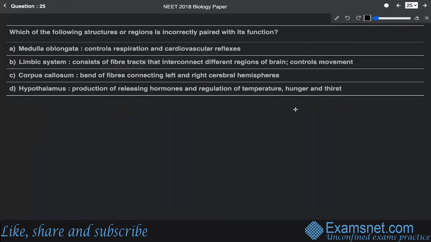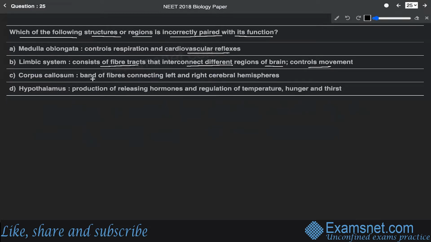Now question number 25. Question number 25 says, which of the following structures or regions is incorrectly paired with its function? It is asking about the incorrect pairing with the function. Medulla oblongata, that controls respiration and cardiovascular reflexes. Limbic system, that consists of fiber tracts that interconnect different regions of the brain and controls movement.